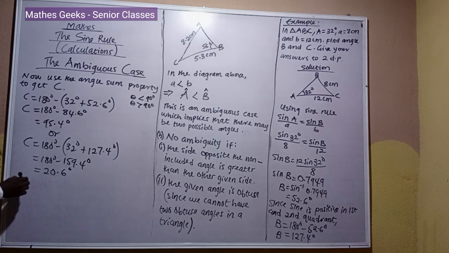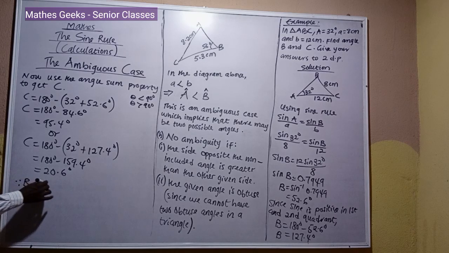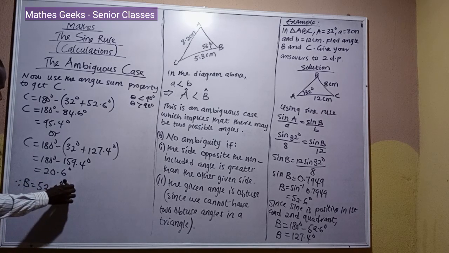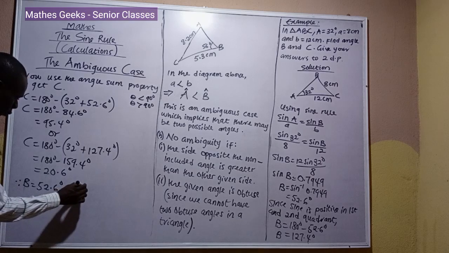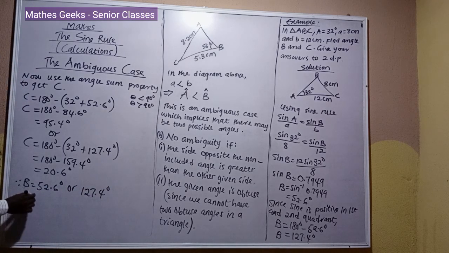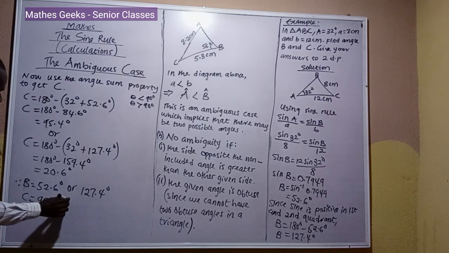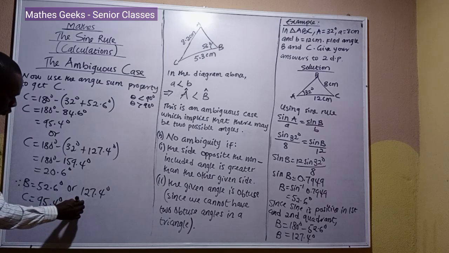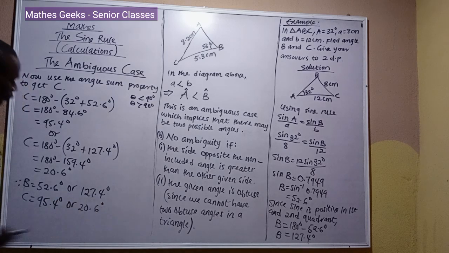Therefore, angle B, which is what we're told to look for, is equal to 52.6 degrees or 127.4 degrees, and C is equal to 95.4 degrees or 20.6 degrees.